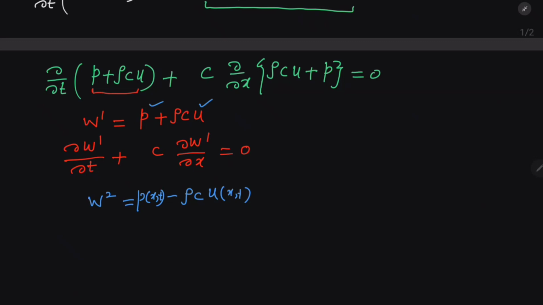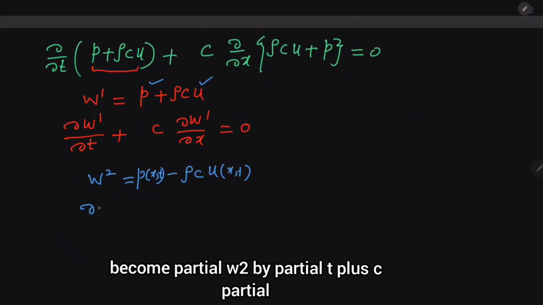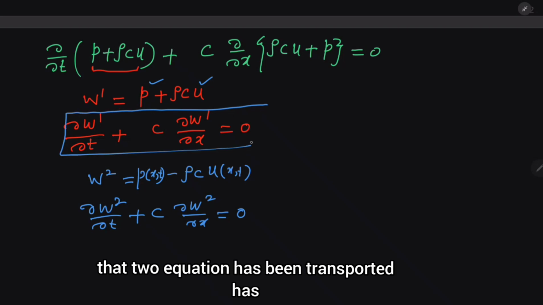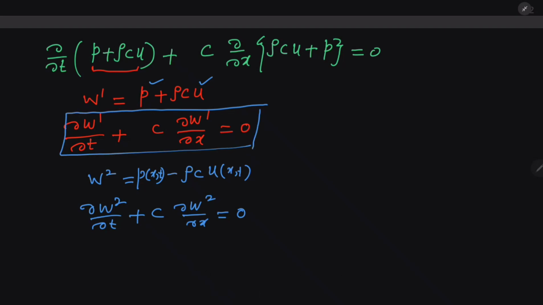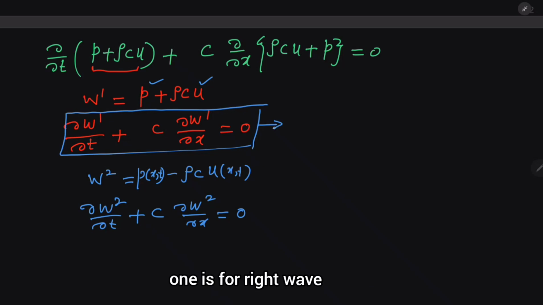The second equation will become partial w2 by partial t minus c partial w2 by partial x is equal to 0. So we see at the end that the two equations have been converted into a form like the advection equation. One is for the right-going wave and another one is for the left-going wave.